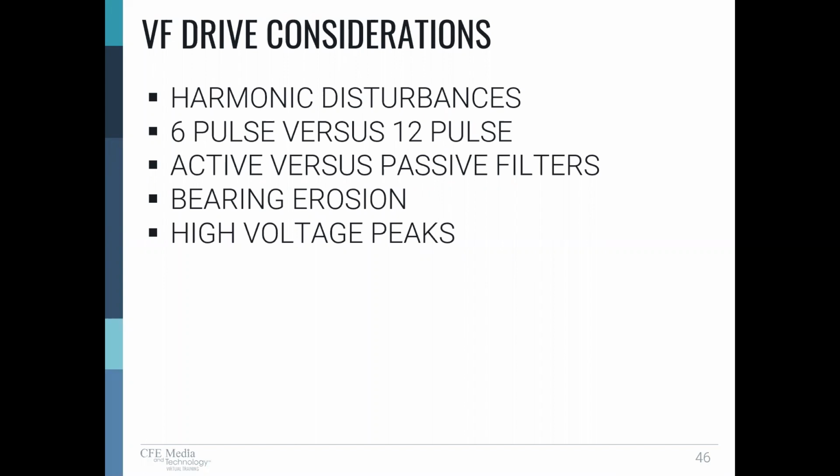But in addition to the harmonic issues, with VFDs you have to have specially designed motors to prevent bearing erosion, because there's circulating currents that occur that chew up bearings when the VFDs are turned on. So bearing replacements are much higher unless you have some sort of insulation to prevent that.